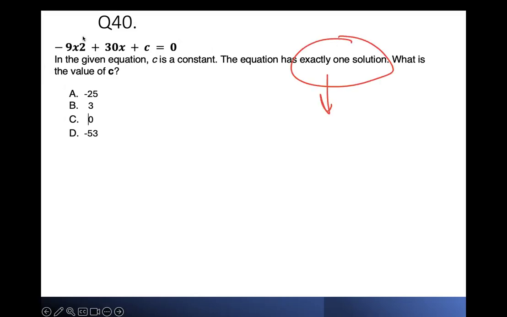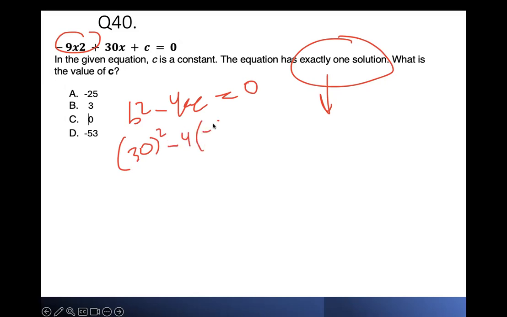If it's a 0 solution, this is a quadratic equation. That means our discriminant has to be equal to 0. That's all. What is our B? It's 30. You put 30 squared. For A, it's minus 9. C is C. It's equal to 0. And then you solve your equation. You just put in the numbers and substitute them.